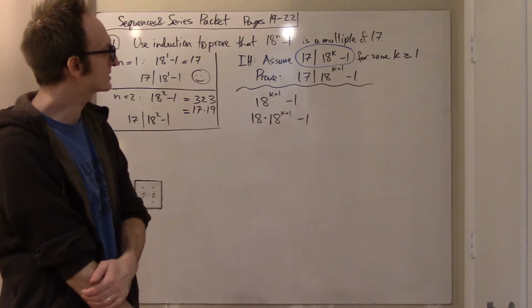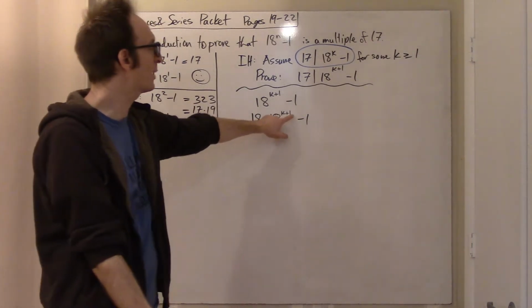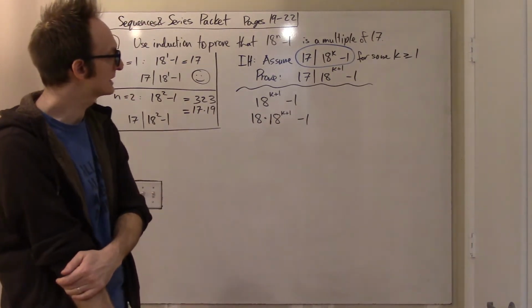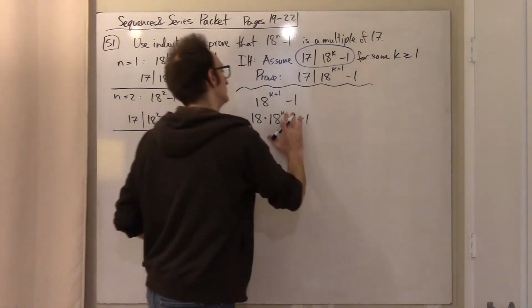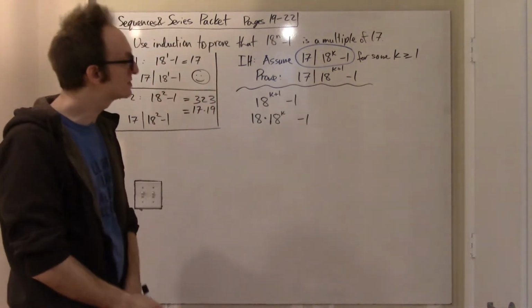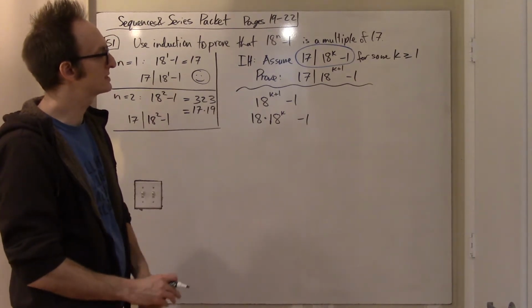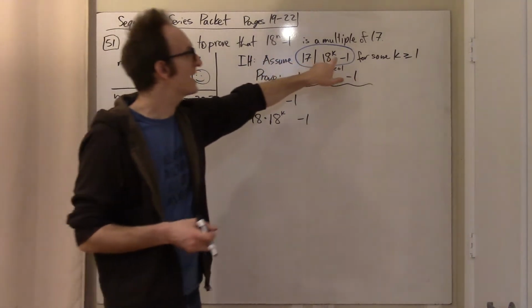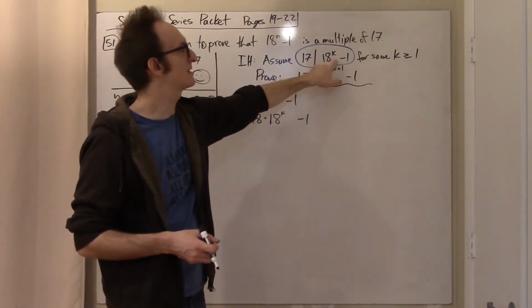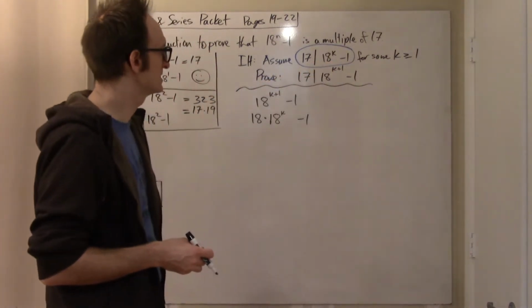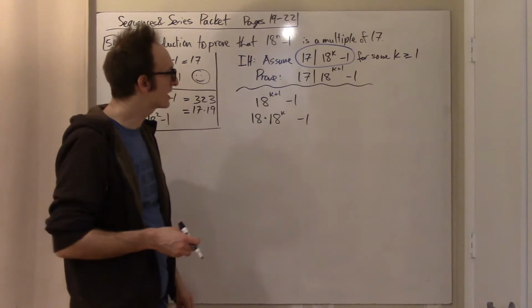This requires one smart little thing. We need to do one kind of smart little thing now. And here is the little thing. What I know is that 18 to the k minus 1 is a multiple of 17. So, okay, there's a couple different approaches here.